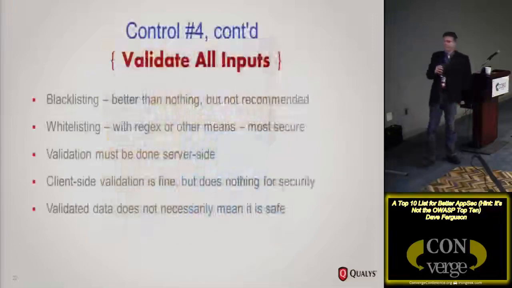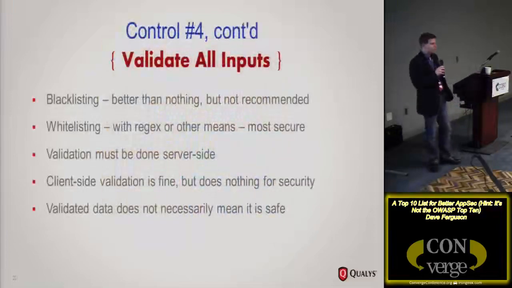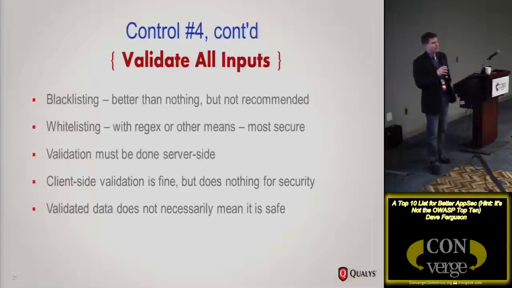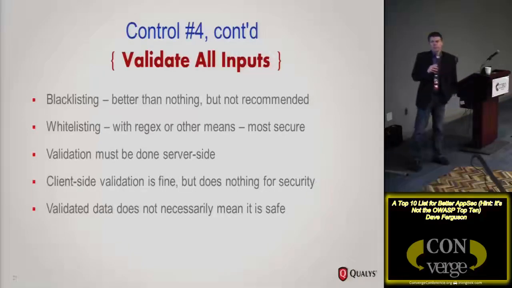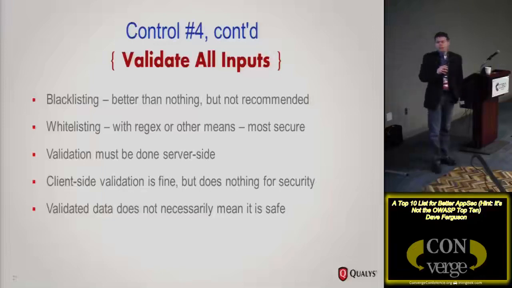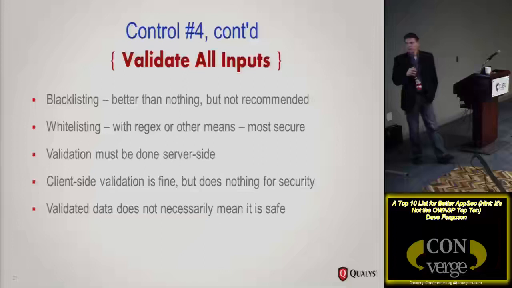One type of validating data is the blacklisting approach. Better than nothing, but again, you may have forgotten something, so you can get around it. Whitelisting is much more secure. Usually, if you can use regular expressions, that's a great way to do whitelisting data validation, and it's the most secure way to do it.